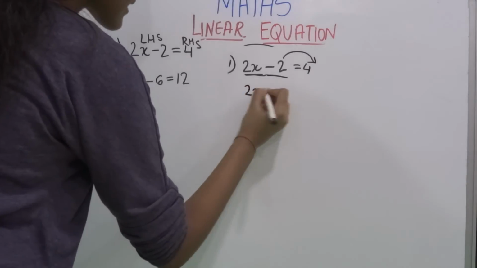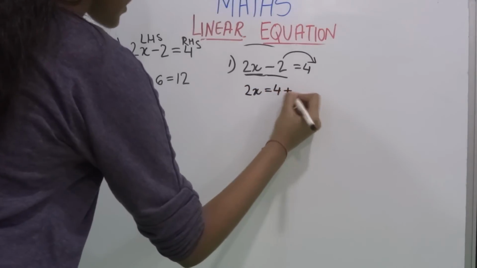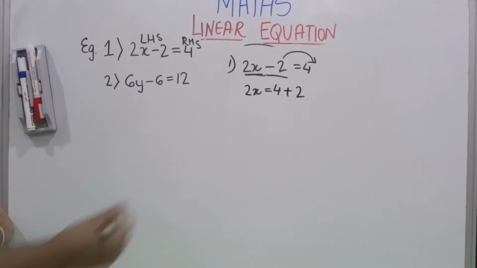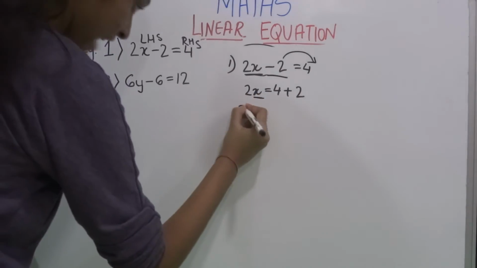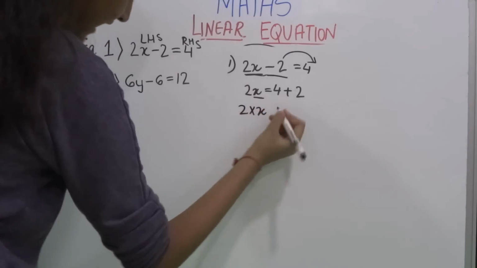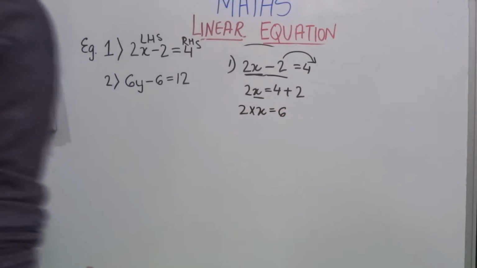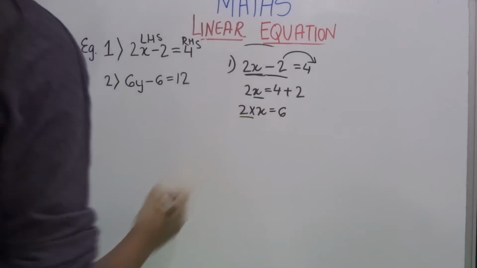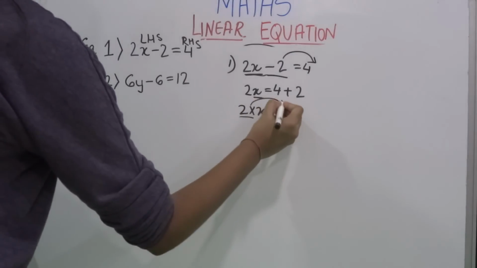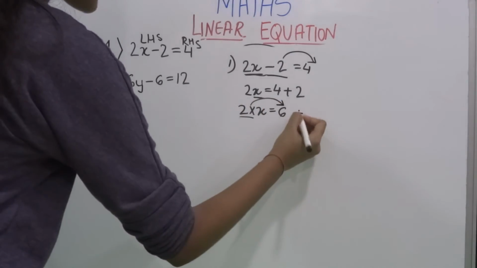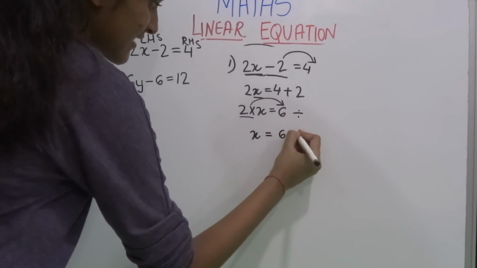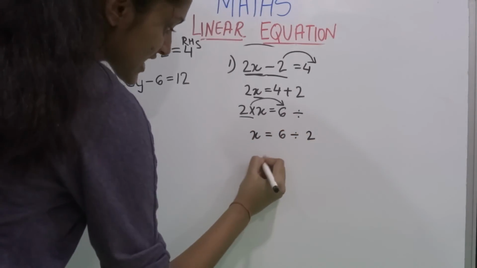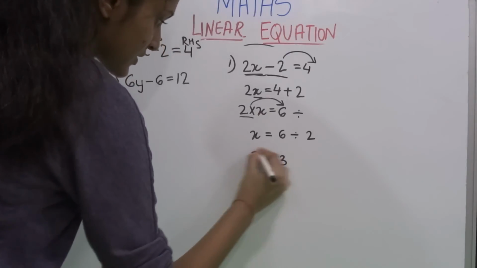So 2x is equal to 4 plus 2. Now again x is not alone. It has got this 2. Now actually this is 2 into x is equal to 6. Now because it is a multiplication sign, when it goes to the right hand side, it will become division. So now x is equal to 6 divided by 2, which is nothing but x is equal to 3.